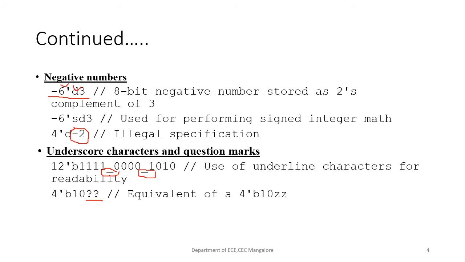For example, if you have a 4-bit input design, then you can represent it like this, 4 tick B10 question mark. If you don't want these 2 bits, you can declare only the first 2 bits, and the last 2 bits you can write as question marks.